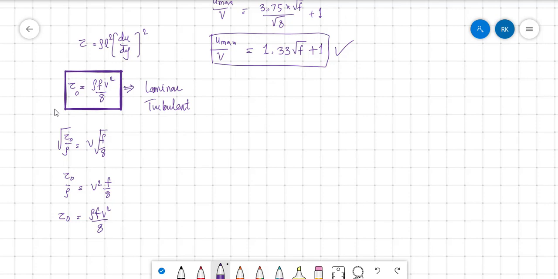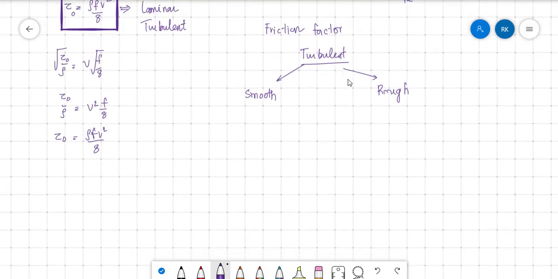So how to find this f value, the friction factor? In laminar flow it was f is equal to 64 by Re. Then what in turbulent flow? In turbulent flow there are two conditions: that may be a smooth pipe or a rough pipe. In case of a smooth pipe, the formula for friction factor is f is equal to 0.316 divided by Reynolds number power 1 by 4, the fourth root of Reynolds number.